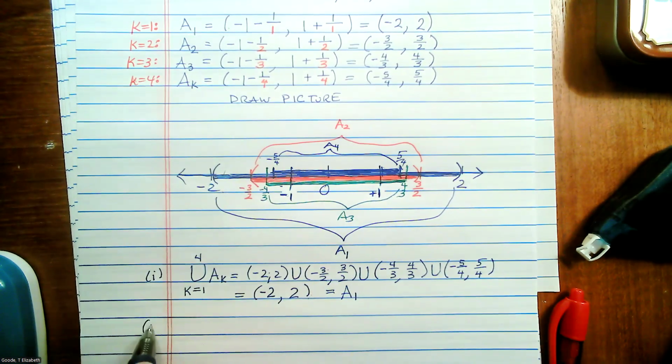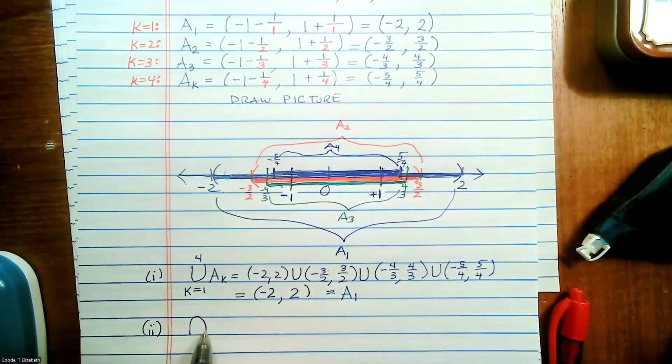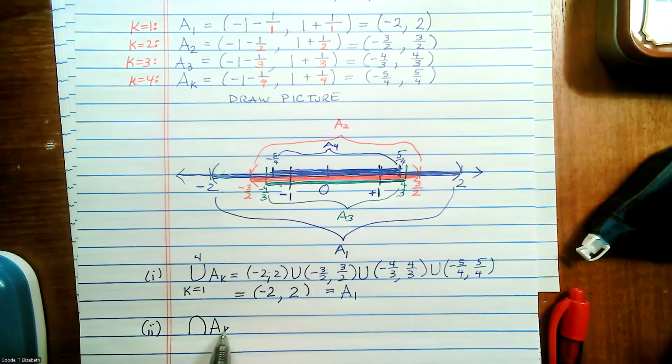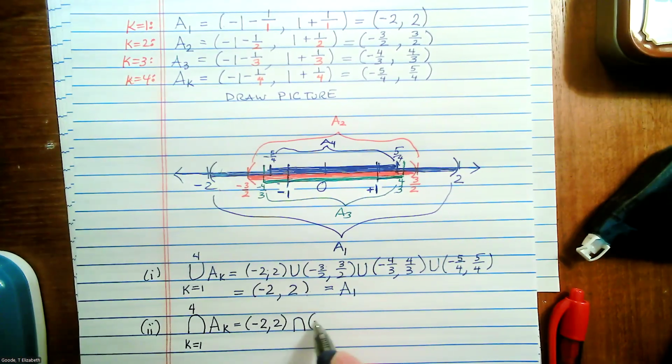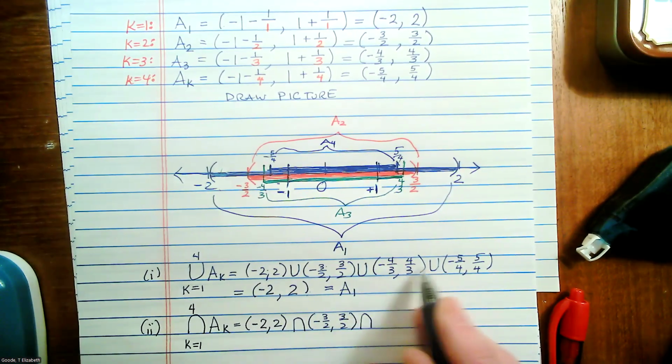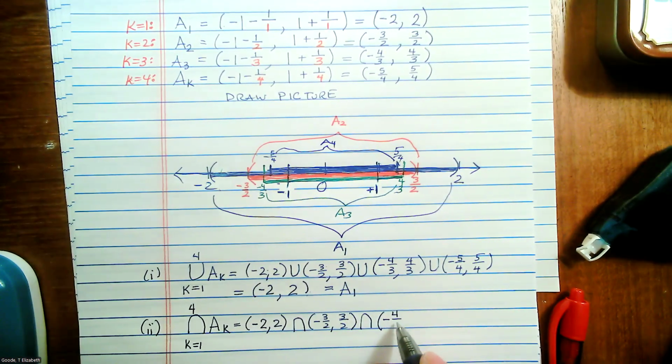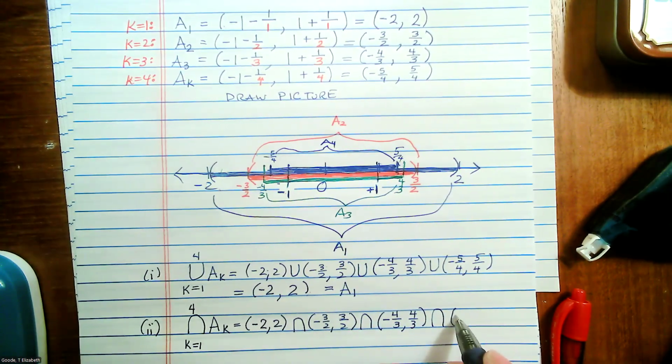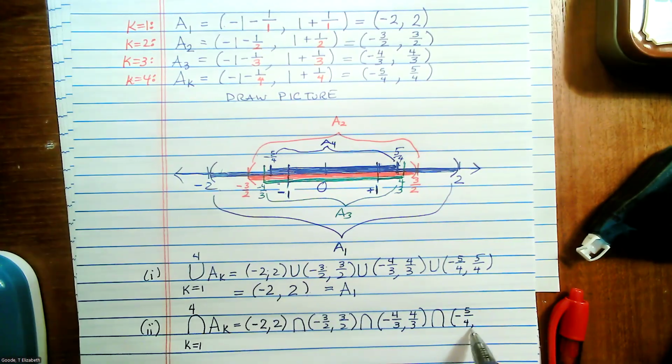All right, now let's look at the intersection. Now, what does the intersection operator mean in set land? It's "and." So we want x's that are in -2 to 2, and in -3/2 to 3/2, and the x also has to be in -4/3 to 4/3, and also has to be in -5/4 to 5/4.